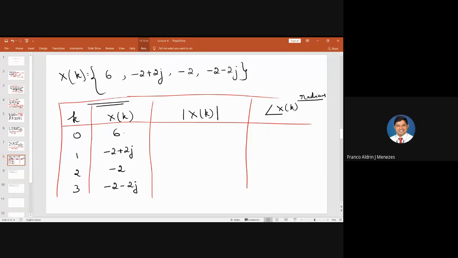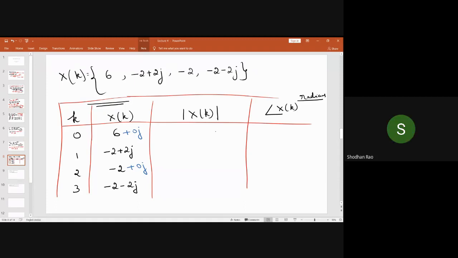So this we can enter it as 6 plus 0j. So is it 6?